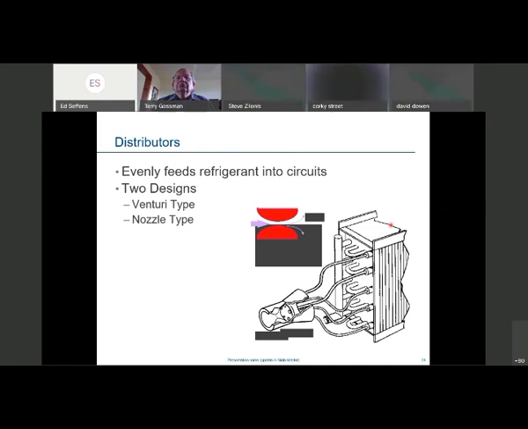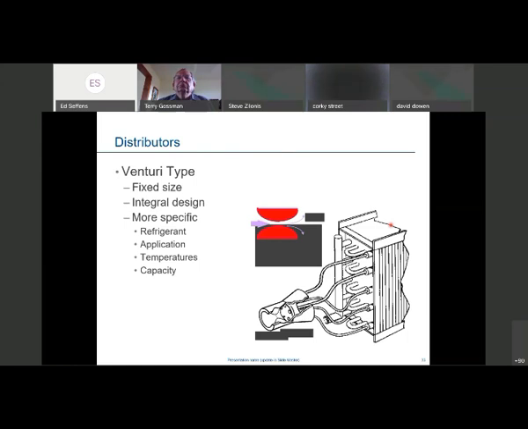components. But the Venturi type, the way that this works is as the liquid is entering into, let's back up. Why do we need a distributor to begin with? Here we take a look at this coil right here. We've got 1, 2, 3, 4, 5 different circuits in this evaporator that it needs to feed, right?